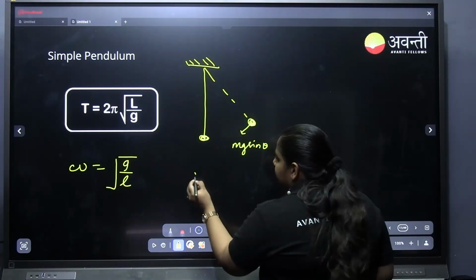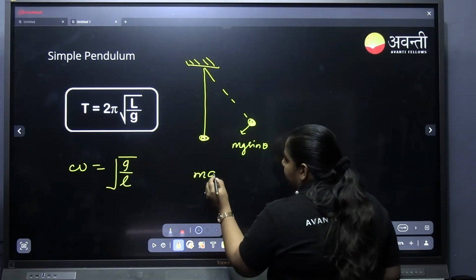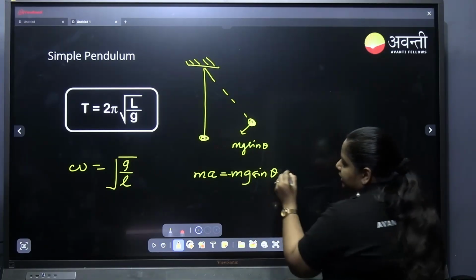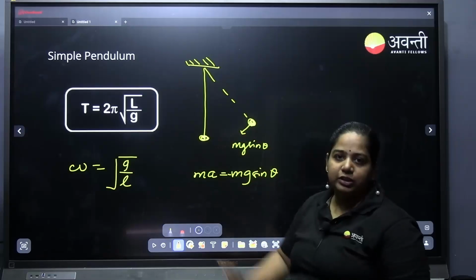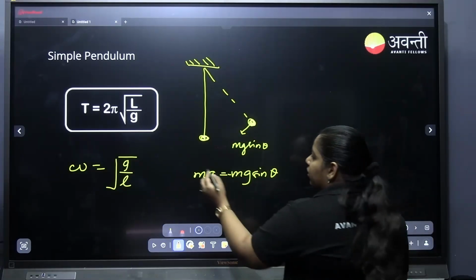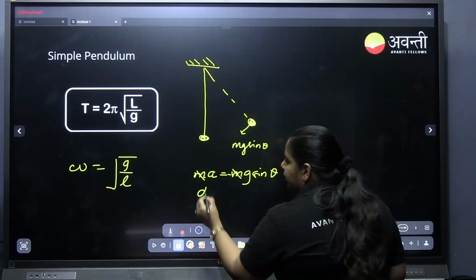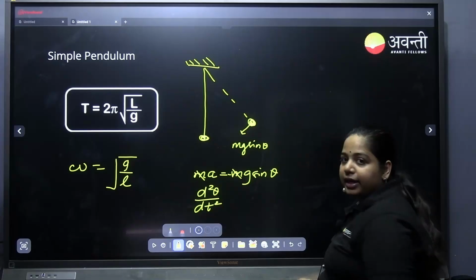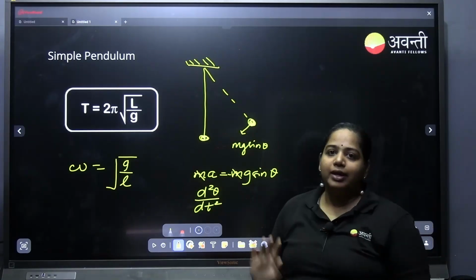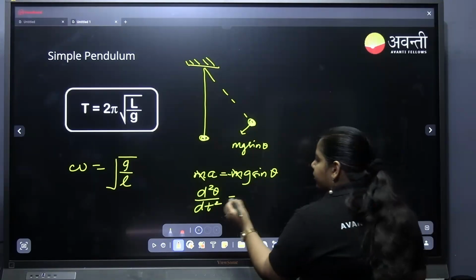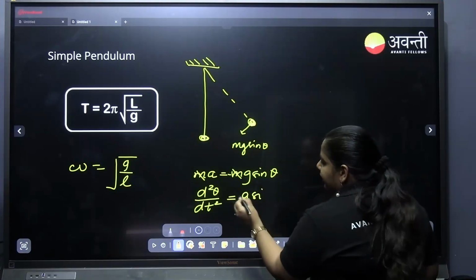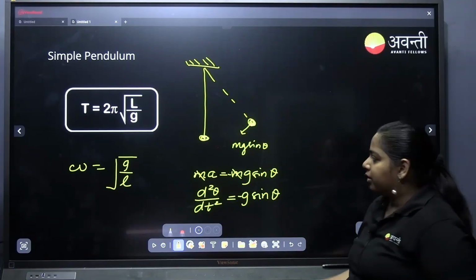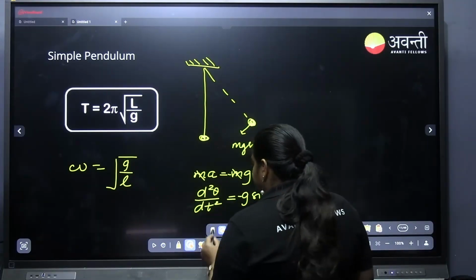So we can say that m a equal to minus mg sin theta, negative sign because it is acting towards the mean position. Now m cancels, you will get d square theta by dt square, angular acceleration. Sorry, there is a small mistake.